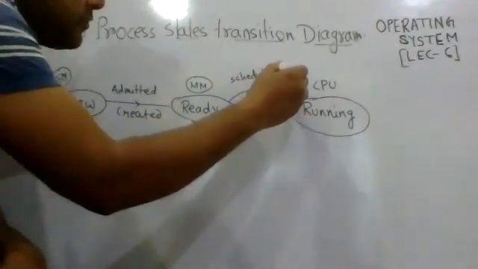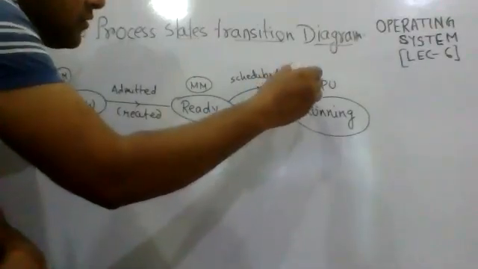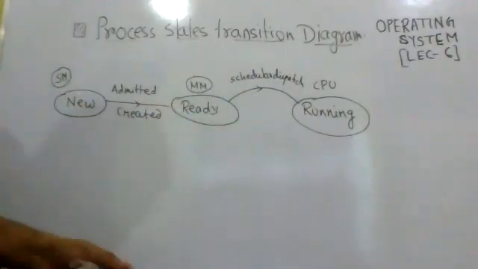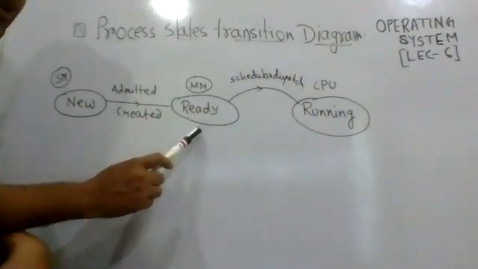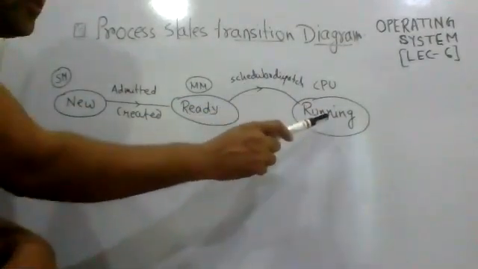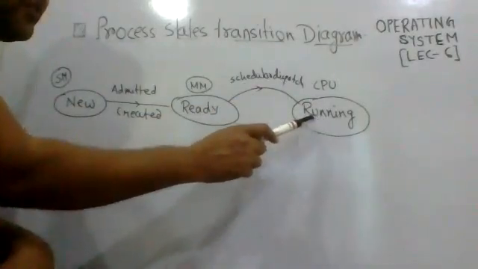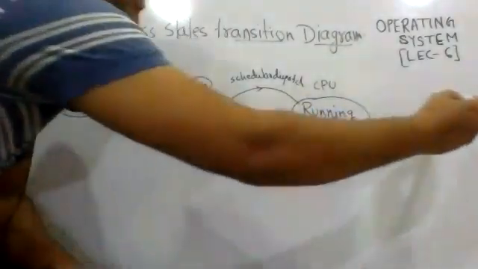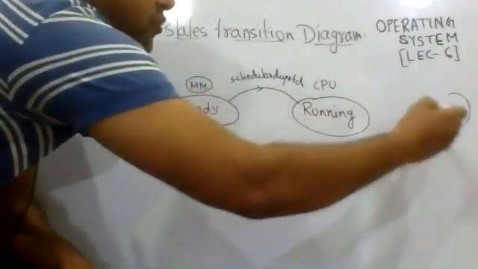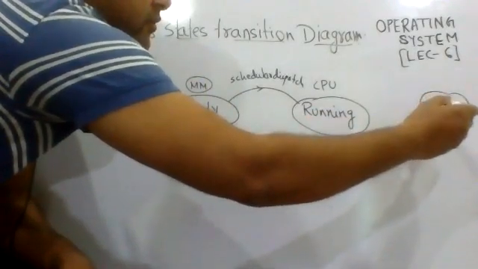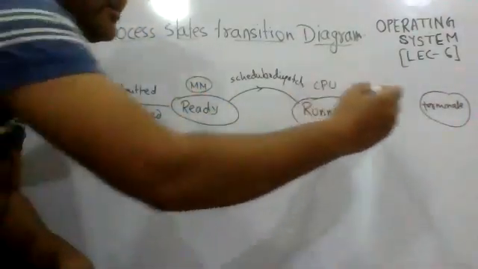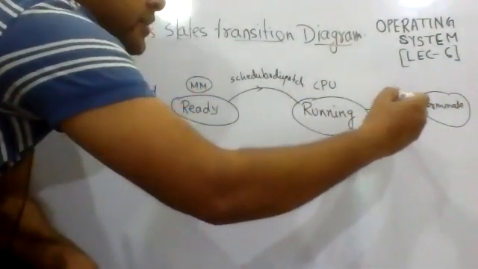We have a scheduler which selects a process from the ready queue and puts it into the CPU for execution. The next state is called the terminate state, and here we can write exit.